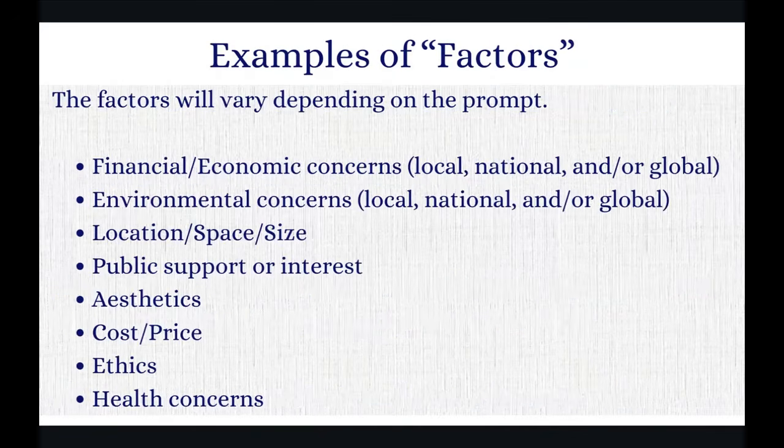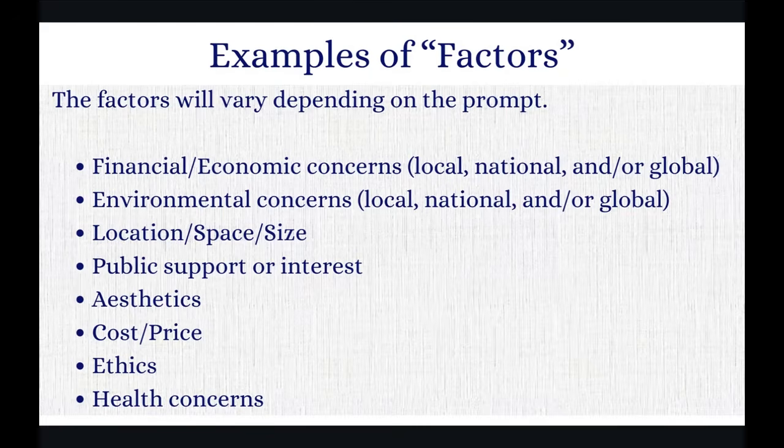So what exactly is a factor? Honestly, the answer to this is going to depend on the topic itself, but here are some general categories of factors. So for instance, there might be financial or economic factors. These could be local, national, or global. There could be environmental concerns. One factor might be the location or space or size, public interest or support, aesthetics, so what something looks like, the cost or price, that might go under financial concerns as well, but sometimes it's a little bit separate, ethics, and also health concerns.